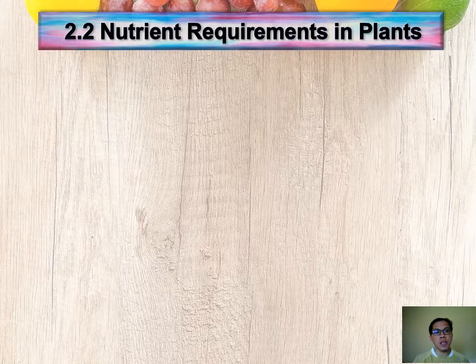Okay, as with humans and animals, plants also need nutrients for their growth, for their development, and for reproduction. But the nutrient requirement for plants is totally different from humans and animals, even though some of the nutrients are the same type.